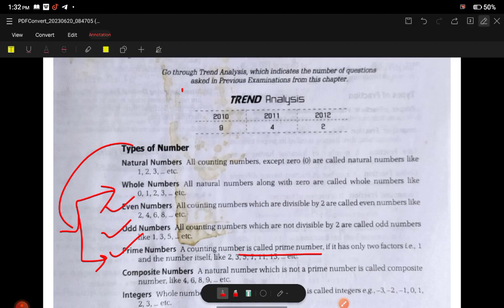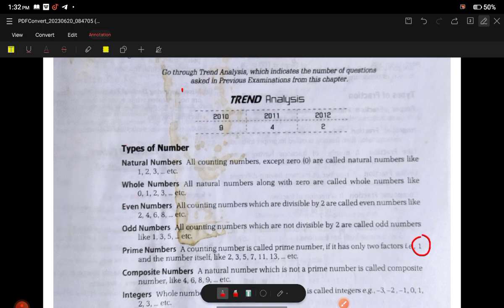So prime number means a counting number is called a prime number if it has only two factors. The definition is very nice: it has two factors, and the factors are 1 and the number itself. For example, if we take 2, how many factors does it have? 1 and 2.